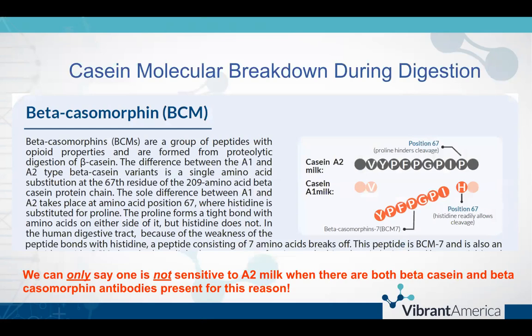If you have A2 casein milk, you have a proline there, and that cannot be cleaved. That peptide bond between that proline and the next amino acid cannot be broken, and therefore that stays intact. So there would be no antibody to beta casomorphin in that case. So that's why we can only say that someone is not sensitive to A2 milk when there are both beta casein and beta casomorphin antibodies present, for this reason.